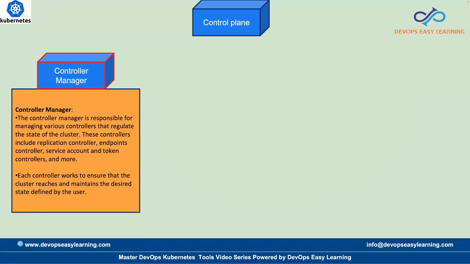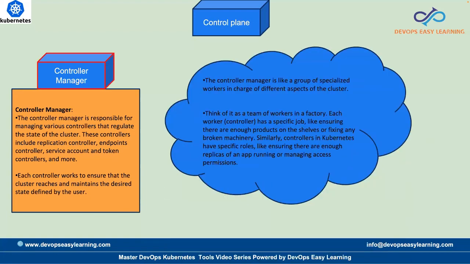Now, let's break it down into something simple. The controller manager is like a group of specialized workers in charge of different aspects of the cluster. Think of it as a team of workers in a factory.